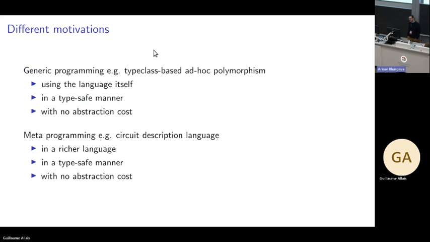Whereas in meta programming, ideally you'd like to program in a richer programming language. So you have access to a lot of power. You can write really short programs that generate a ton of code. But then the target is a smaller, simpler language.